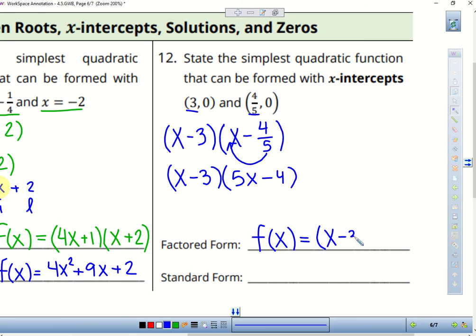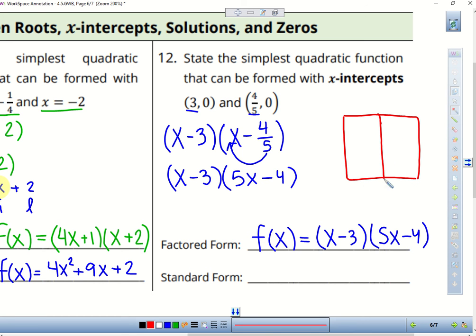Is everyone good with how to get factored form? Alright, so from here, we're now going to multiply these together. So if you want to use area model, you can do that too, or FOIL. So I'm just going to quickly show you how area model works. It's a 4x4 box.